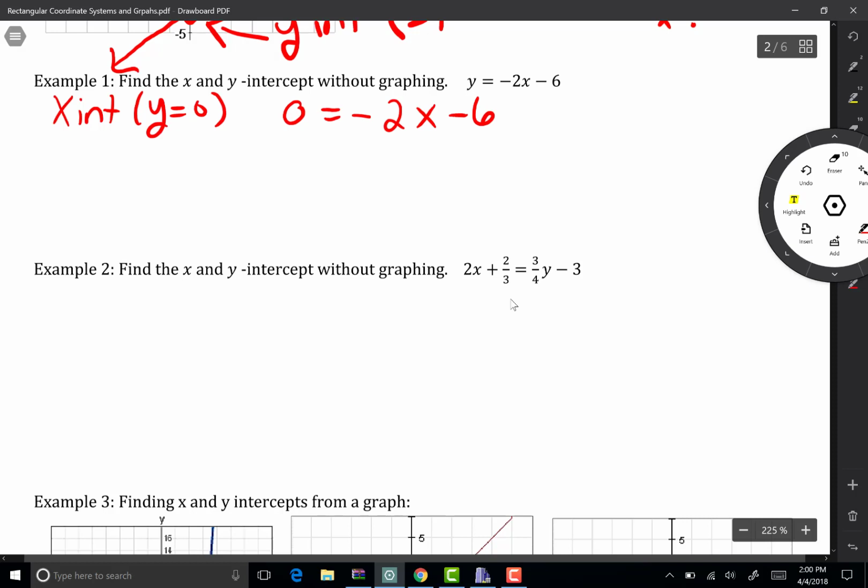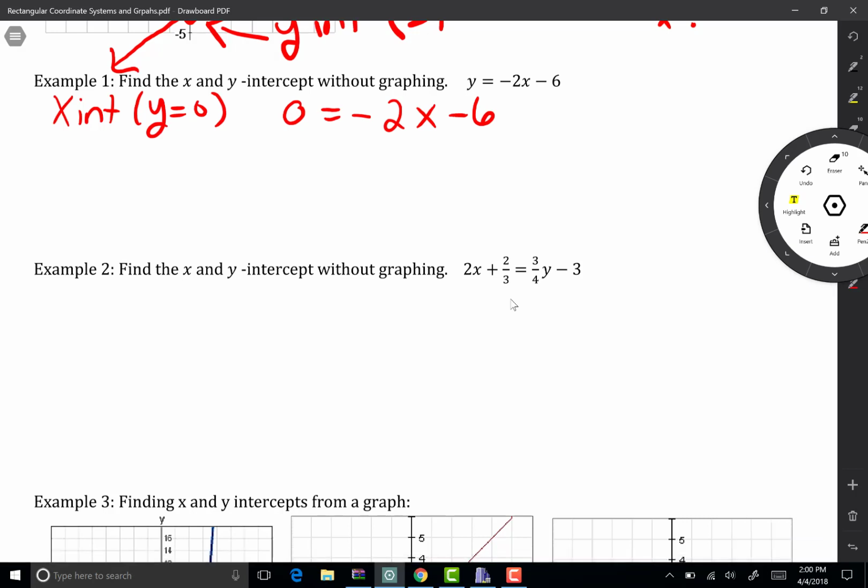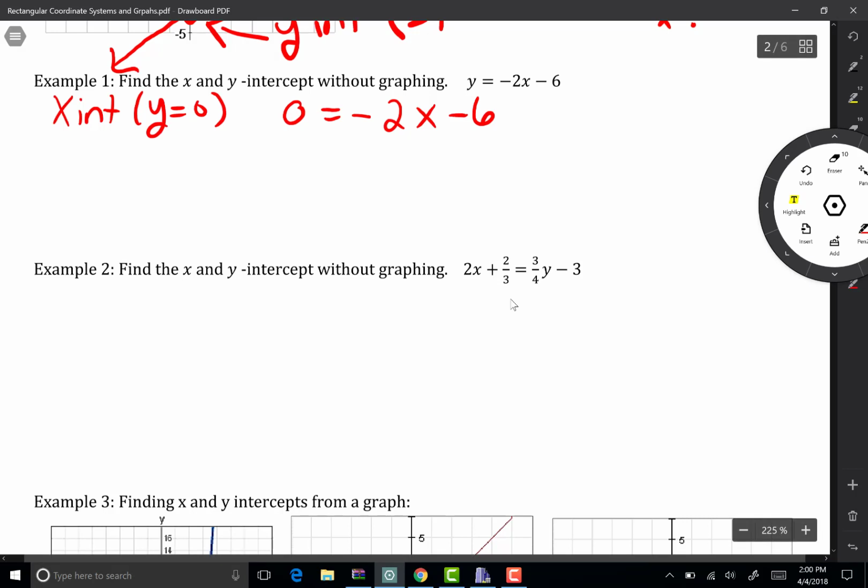Now I need to solve this for x. So I'm going to add 6 to both sides, and then I'm going to divide by -2. So my x-intercept would be the point -3, 0. It's the value of x when y is 0.